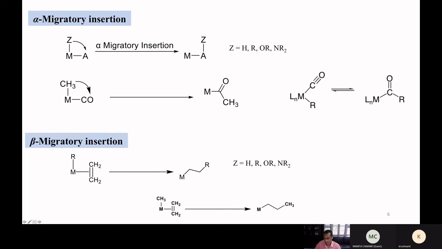If a substituent which is attached to the metal is transferring to another substituent which is also attached to the metal, this is what is called alpha migratory insertion.